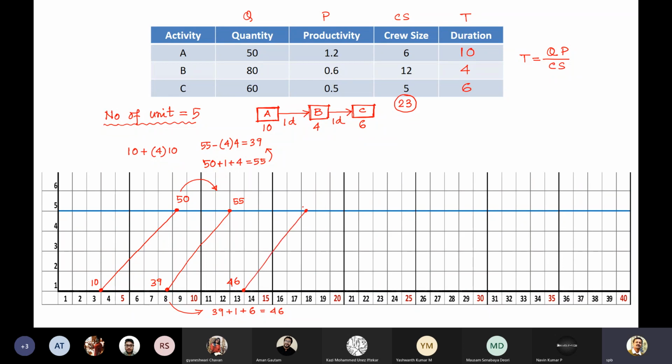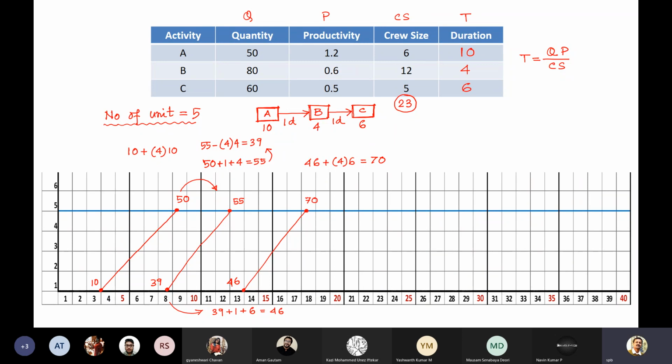Let me find out this point: 46 plus 4 into 6 is 70. So the end time is 70.